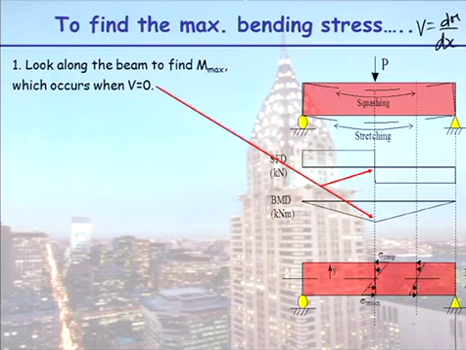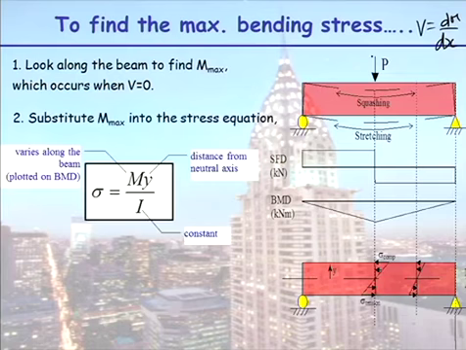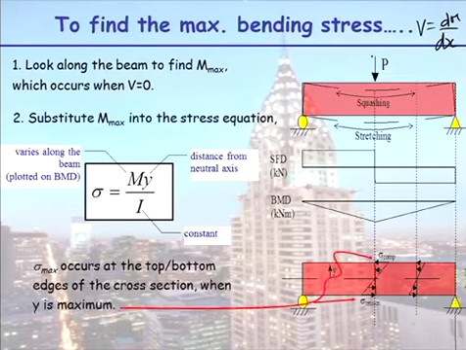So when your shear force is 0, your bending moment must be maximum, sorry. You know what I'm talking about. Your slope is 0, and thus it means that there's a maximum value there. So we then put our maximum M into our equation, we work out our y value, our I value, and thus our maximum stresses occur at the top and bottom of the beam.